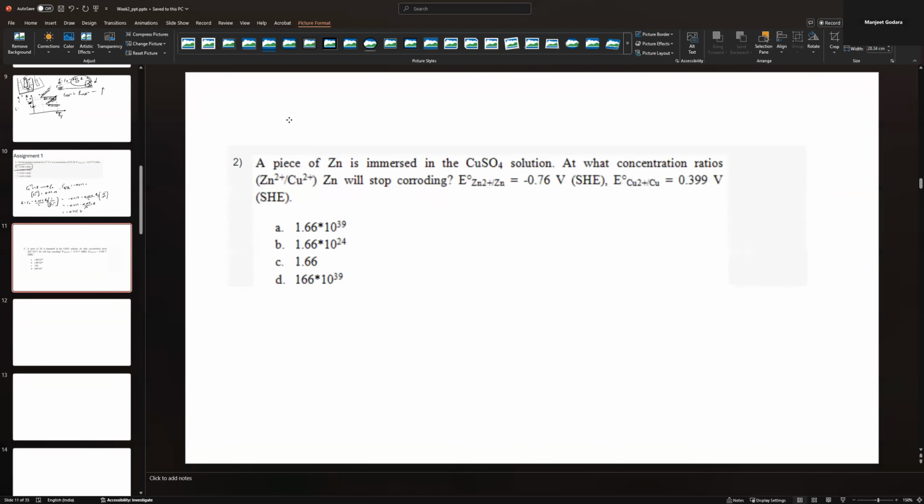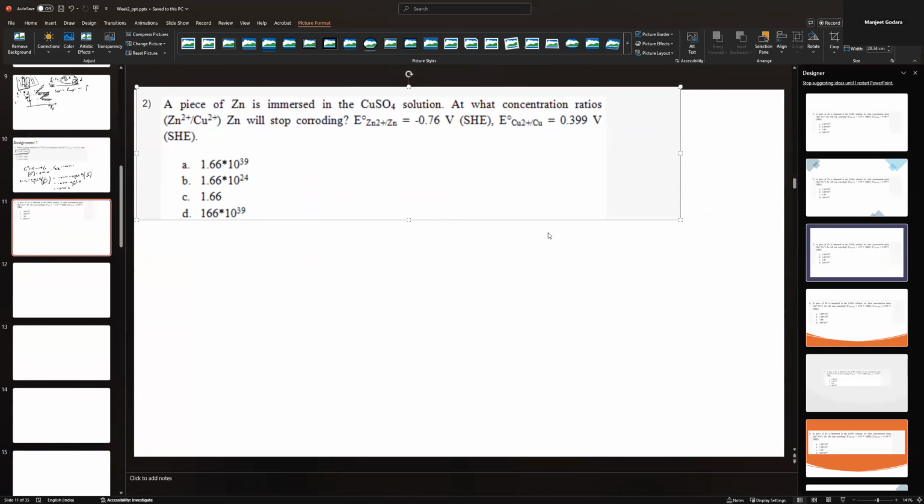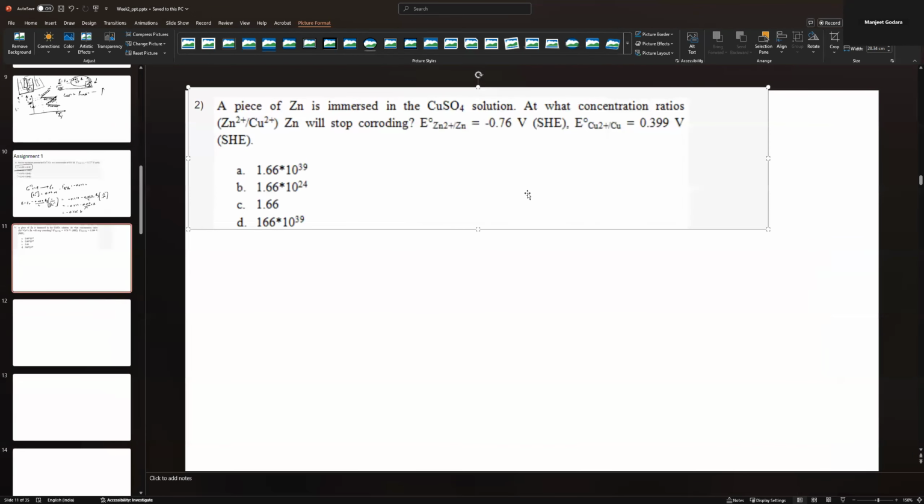The second question was: a piece of zinc is immersed in copper sulfate solution. At what concentration ratio of zinc and copper ions will zinc stop corroding, given the standard reduction potentials for zinc and copper?